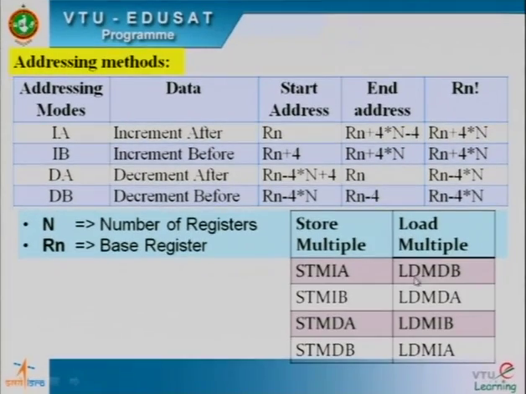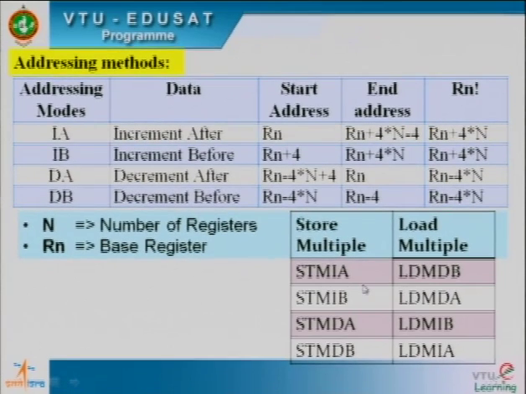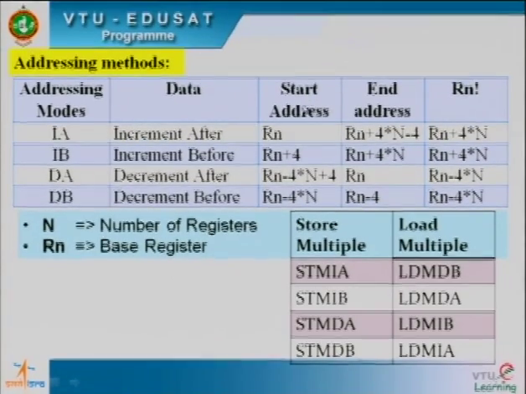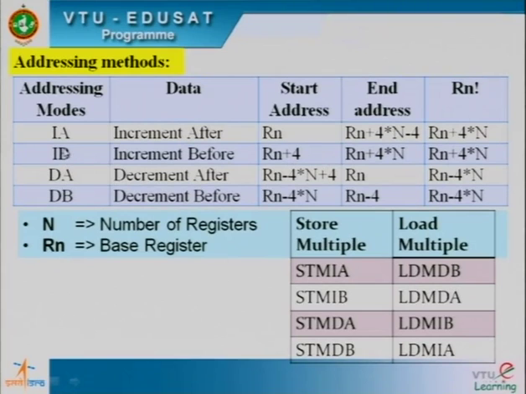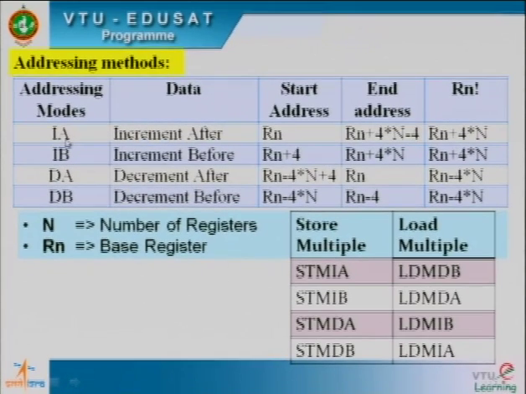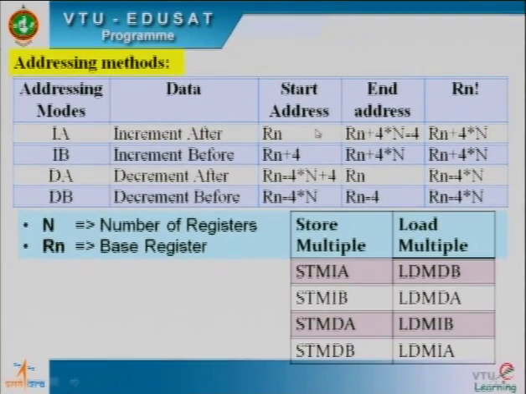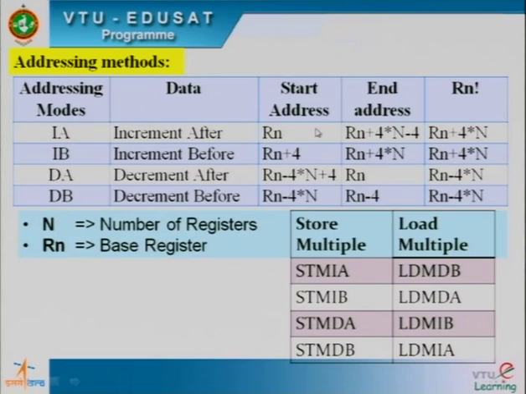We will take examples particular to these addressing modes or instructions, where it will be more clear. Before going to this, let us look at the top table again. When we say the addressing mode IA, that is increment after, the beginning address for that register is Rn, and the end address is Rn plus 4 multiplied by n minus 4.